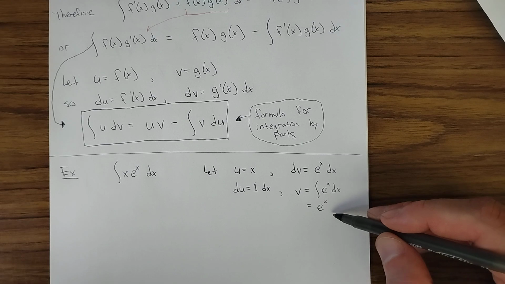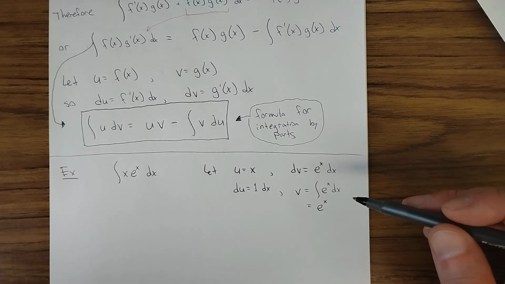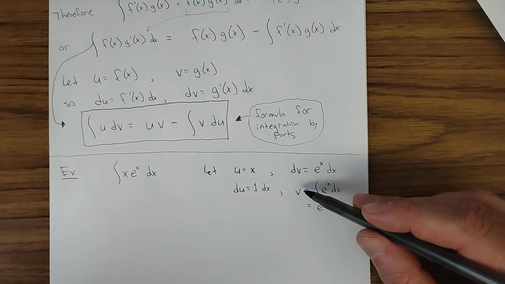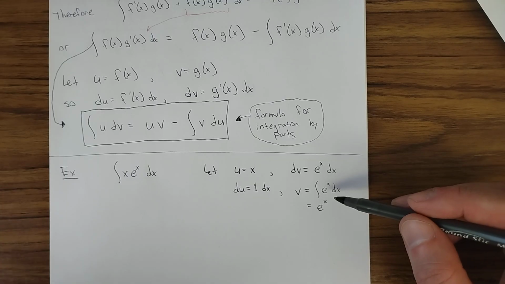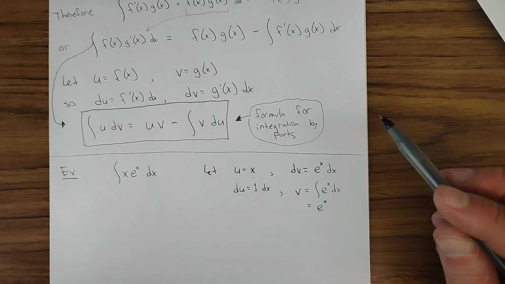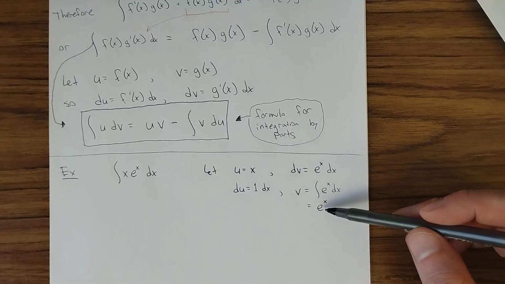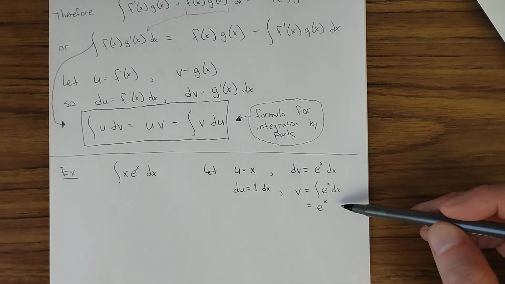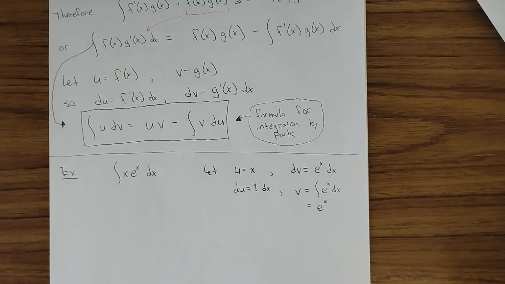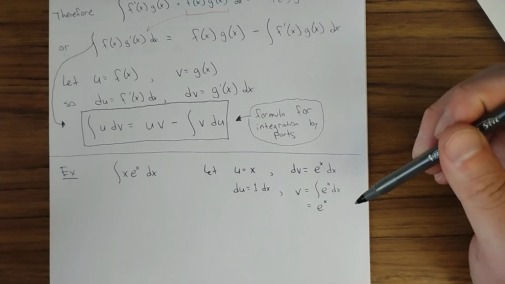There's no reason to put a plus c for this step of integration by parts. Technically, what I would describe this as is v could be any antiderivative. When we put a plus c, that's like finding every possible antiderivative. If I just leave it off, that's still an antiderivative. It's like I'm saying c equals 0. So I don't need every possible antiderivative. It's just one possible antiderivative. That's good enough for v.